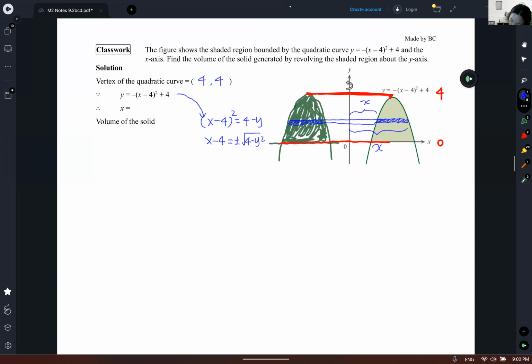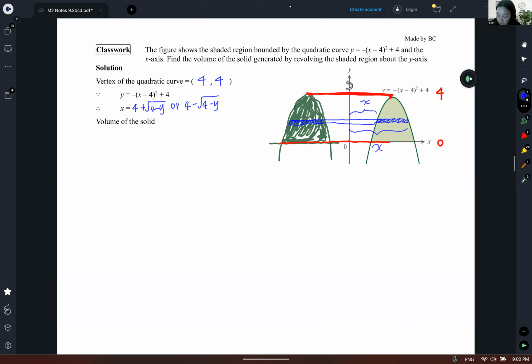And then I have 4 plus root 4 minus y, and the other one is 4 minus root 4 minus y. The two different curves. Okay, you don't have to write all the steps, but the result must be shown. And then you need to assign which one is which.